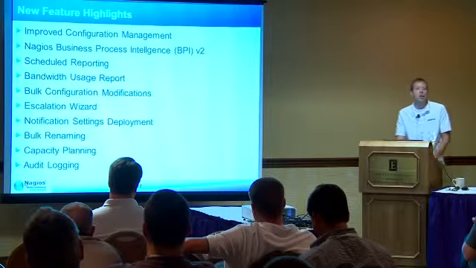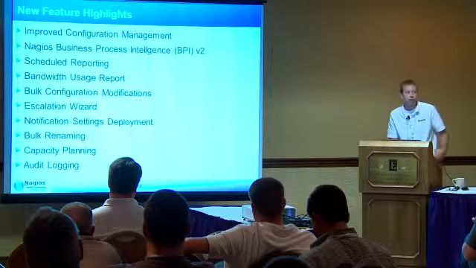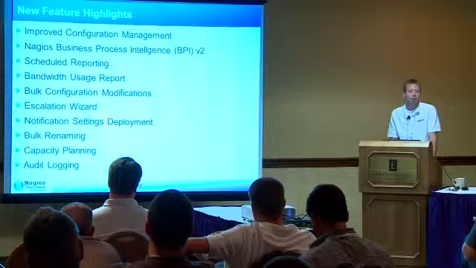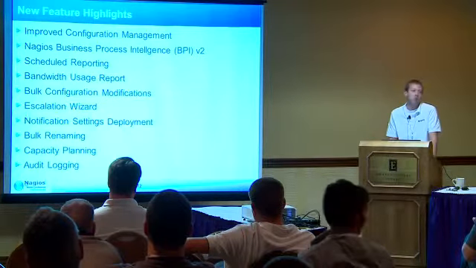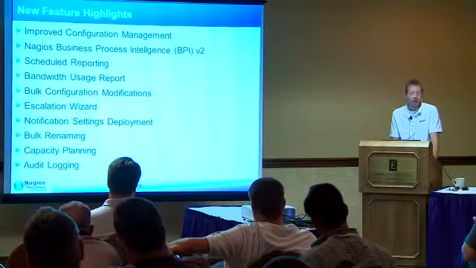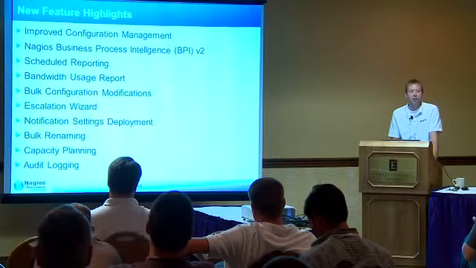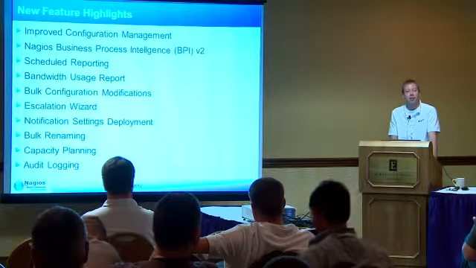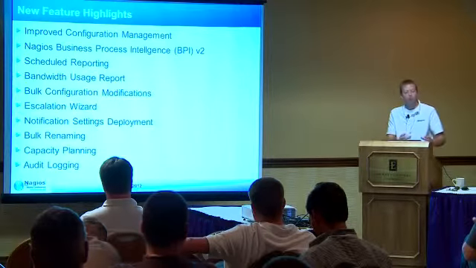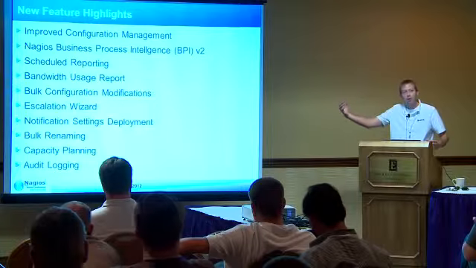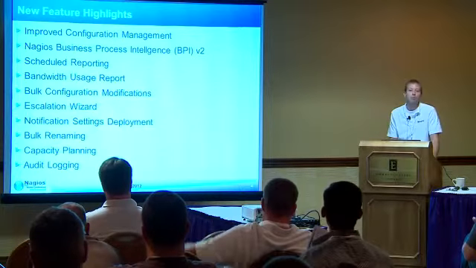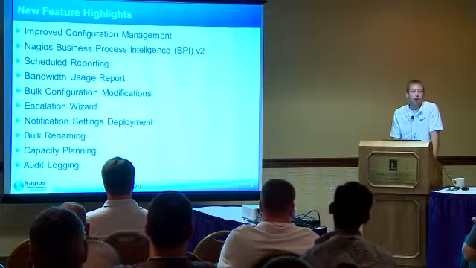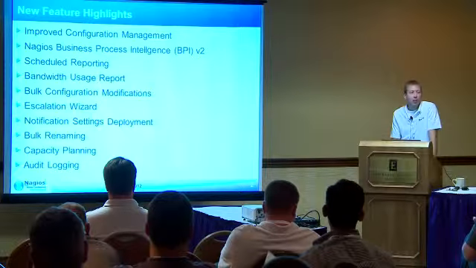Bulk renaming just allows you to rename your hosts and services while still retaining your historical data and your performance data. Capacity planning. I won't get too much into that because Nick Scott's going to cover some of that in a different presentation, but it's just the idea that it will take your current performance data and project into the future using some different mathematical algorithms what your capacity needs might be.